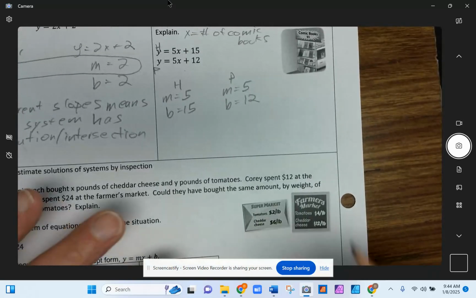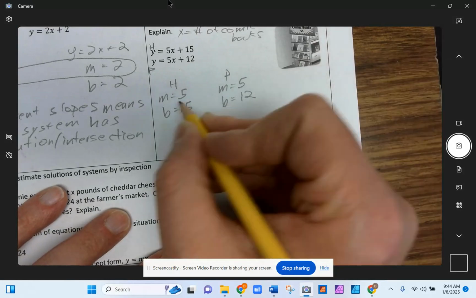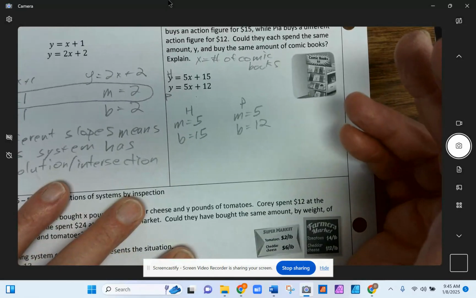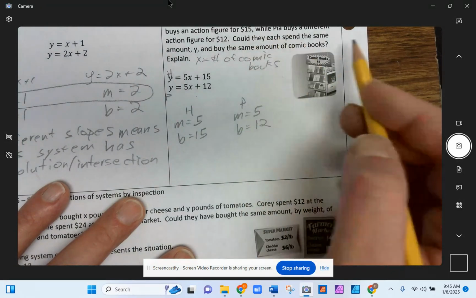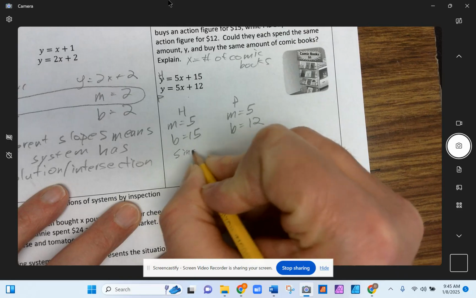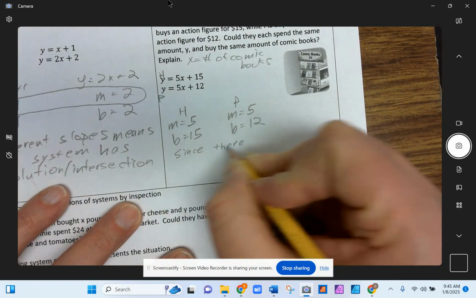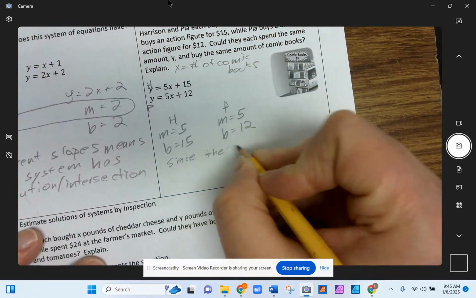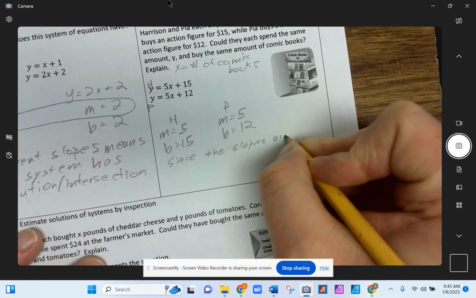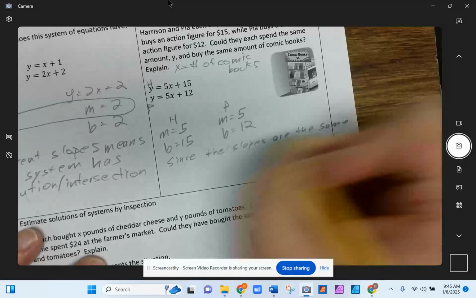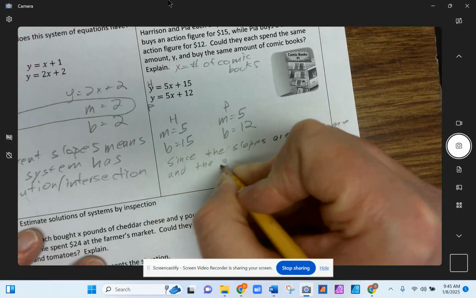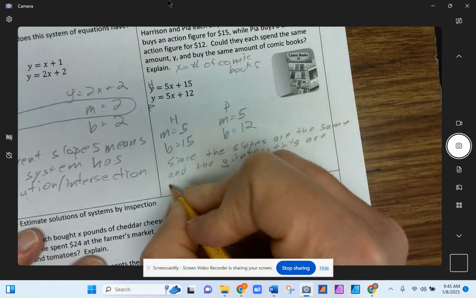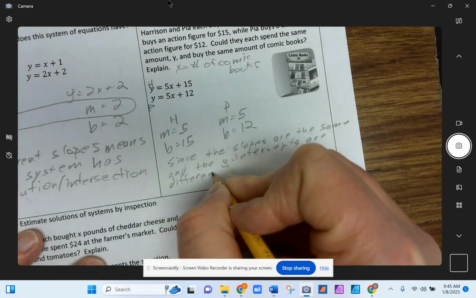So we would say, same slope but different y-intercepts means they would never spend the same amount of money, since the slopes are the same and the y-intercepts are different.